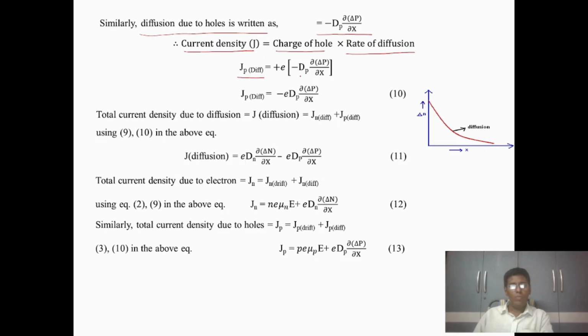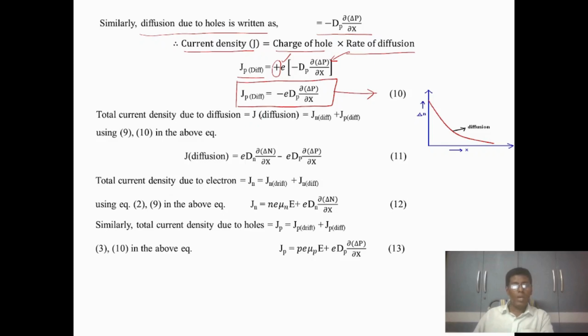Jp diffusion: the charge of the hole is positive, with magnitude e, and the gradient is minus Dp ∂Δp/∂x. Combining, Jp diffusion is equal to minus e Dp ∂Δp/∂x. It is equation number 10.